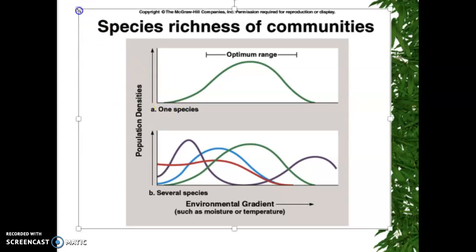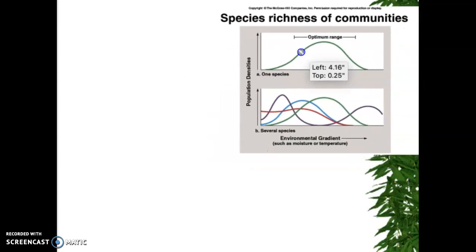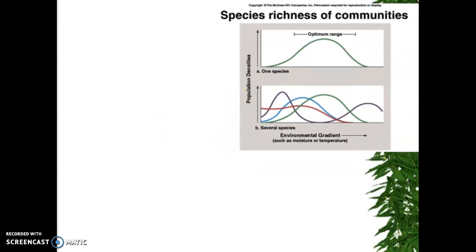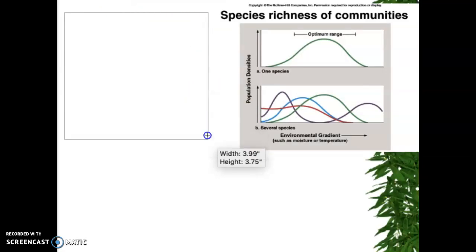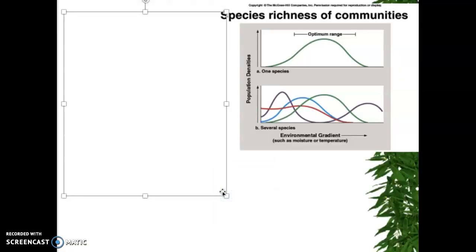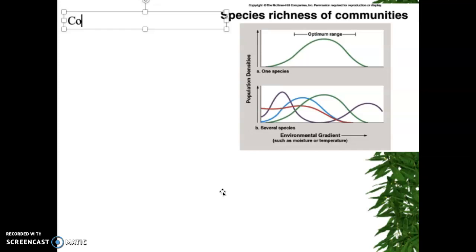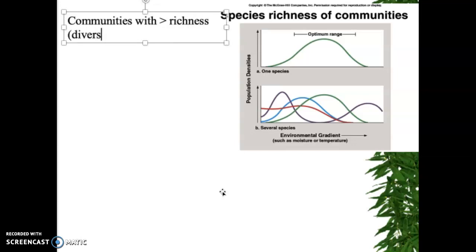Richness, diversity, let me make some room here for some notes for us. Those are incredibly important pieces of the ecological puzzle. Okay, so communities with greater richness are going to be more stable.